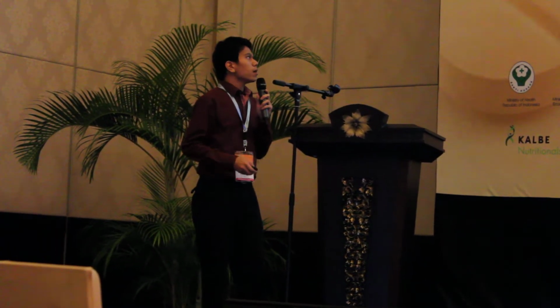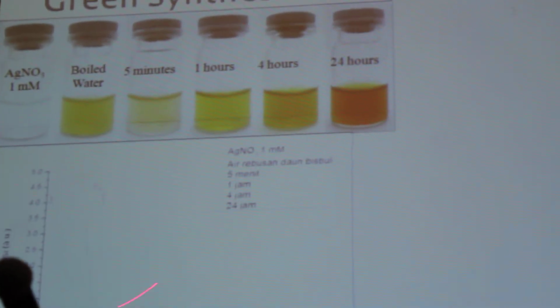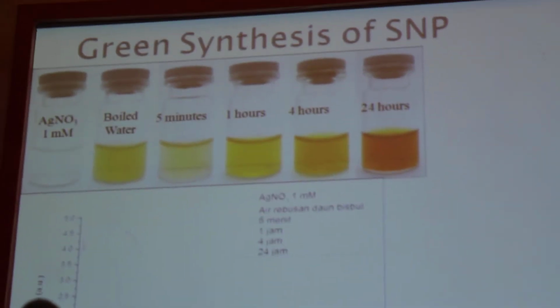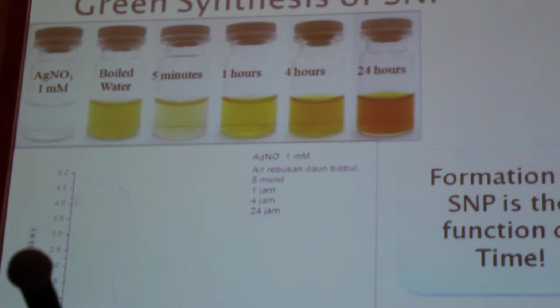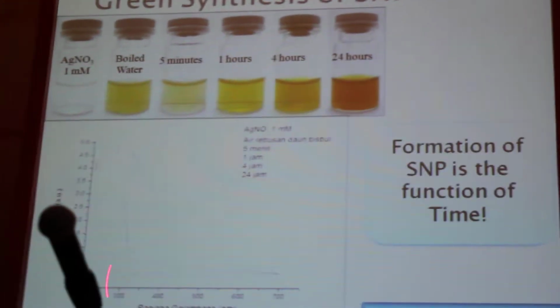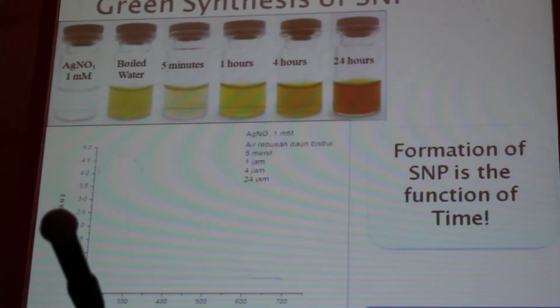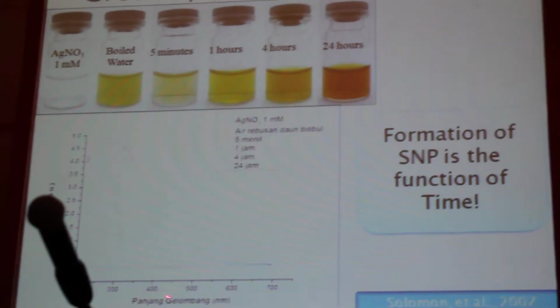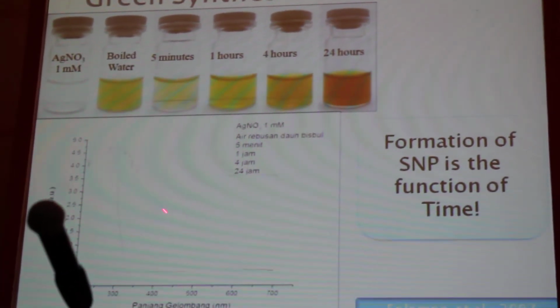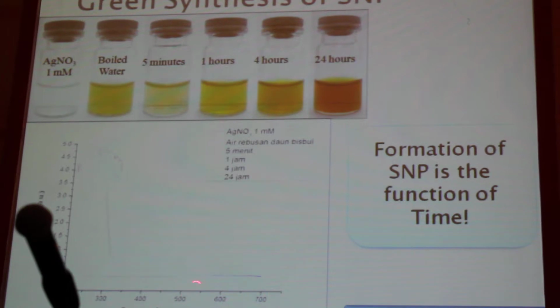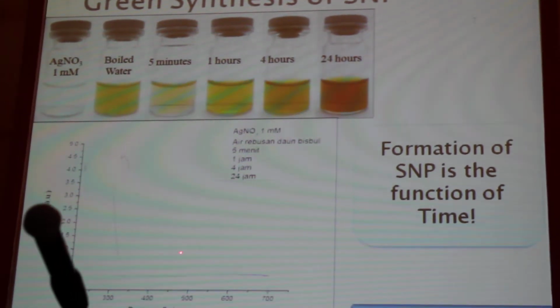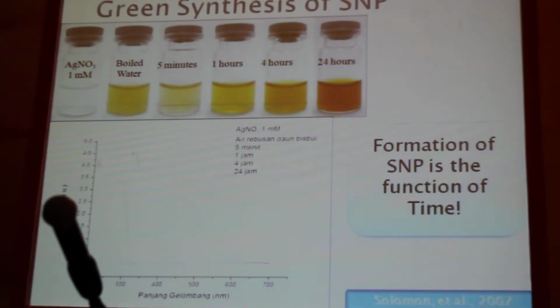This is the reaction. The graph does not really look clear in here, but if you see it on the laptop, it's more clear. Solomon et al. said that if we see the peak at 400 to 500 nanometers, it means that we have produced nanosilver.